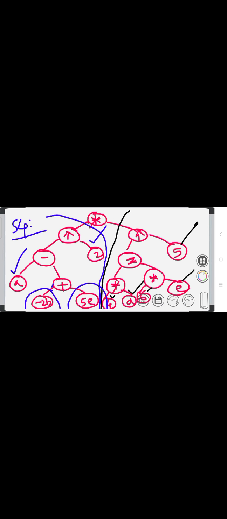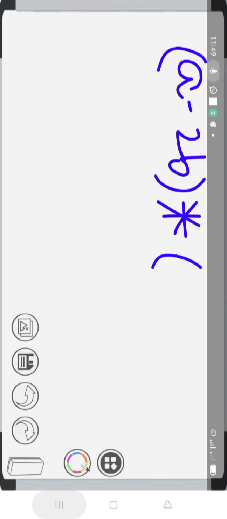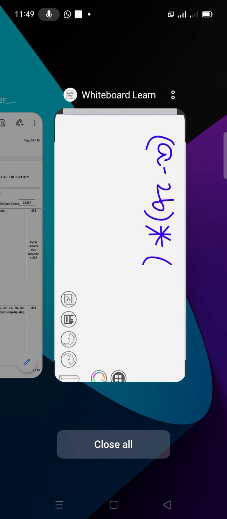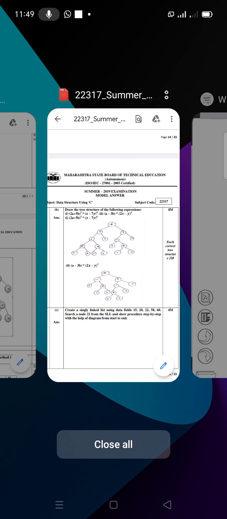So we try to write it. The expression is a minus 2b multiplied by 2x minus y raised to 3.